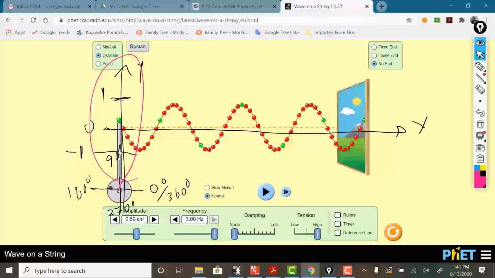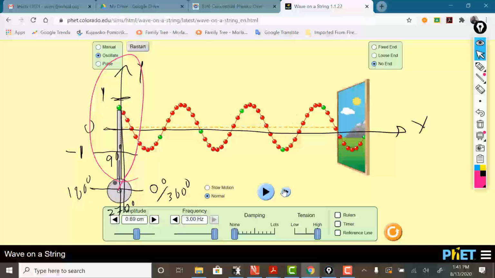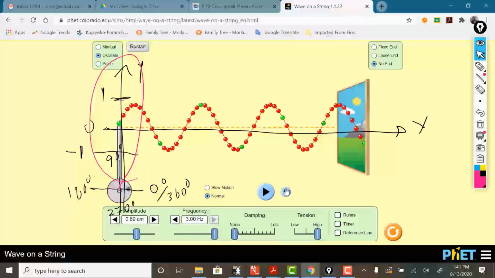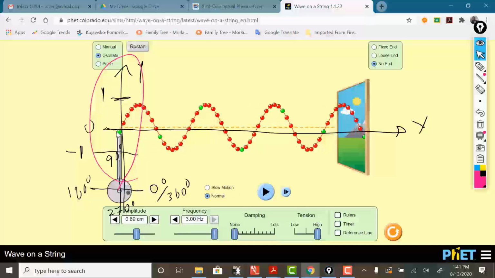And then when I make this point go all the way to the 90 mark, you'll notice that it's at its maximum height, which is 1. Sine of 90 is 1. And then we go ahead and repeat, and we're back to 0. And we know that sine of 0 is 0.